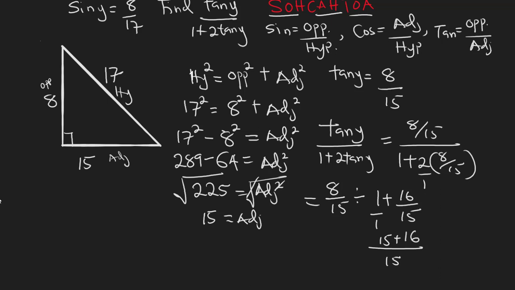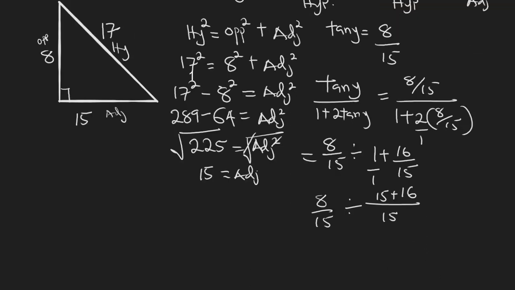So now in this case, remember we still have our 8 over 15. So in this case, it's going to be 8 over 15 divided by 15 plus 16 is 31, so we're going to have 31 over our 15.